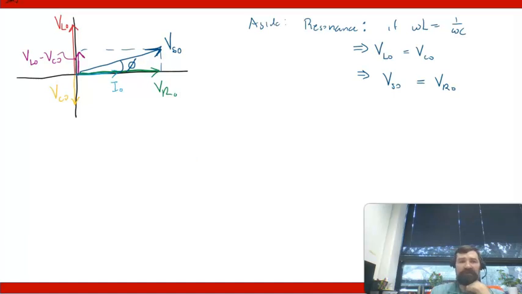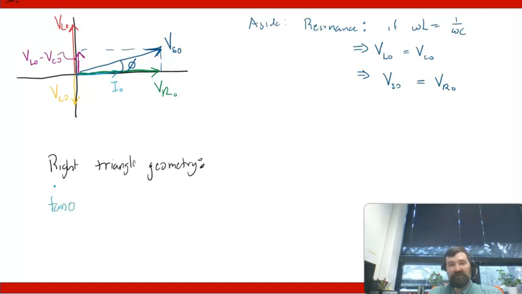Using a little bit of geometry here, you could even call it right triangle geometry, it should be obvious that the tangent of the phase angle phi naught should be the opposite, which again is VL naught minus VC naught, divided by the adjacent, which is VR naught.